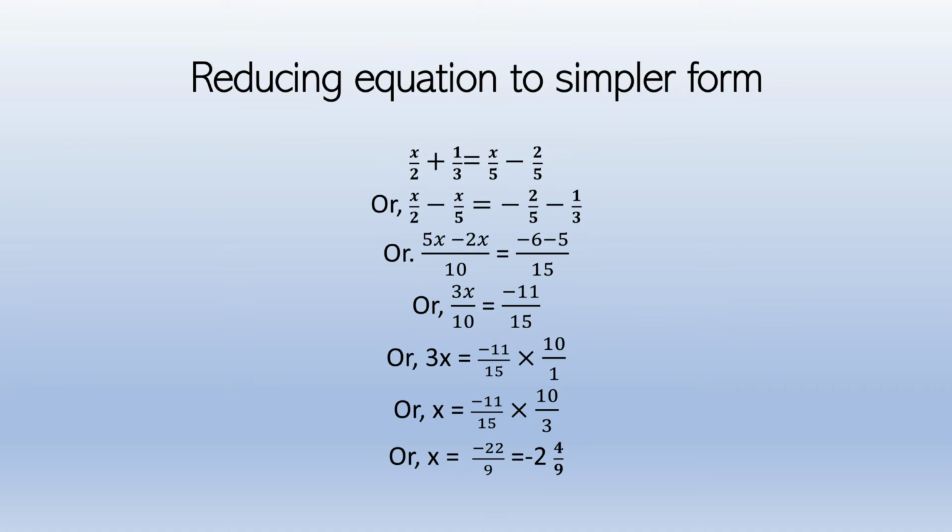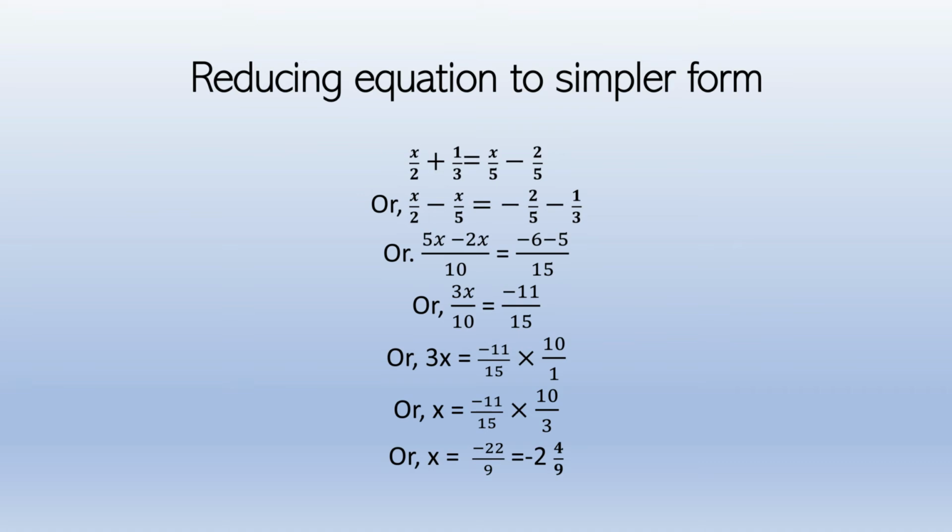Come to our third method, reducing equations to a simpler form. For this example, x by 2 plus 1 by 3 equal to x by 5 minus 2 by 5. In these equations, we can see variables on both sides. That means we have to solve these equations by the second method.